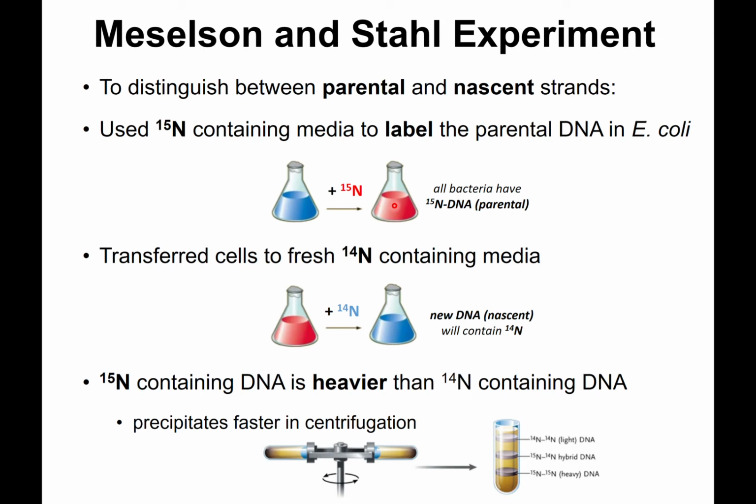So if you let it go for several generations, you would end up having bacteria with DNA in which the nitrogenous bases all contain nitrogen 15. Great starting point. It's non-radioactive, just to be clear, they're not working with radioactivity, they work in a different way. Great, so now the original parental DNA contains nitrogen 15.